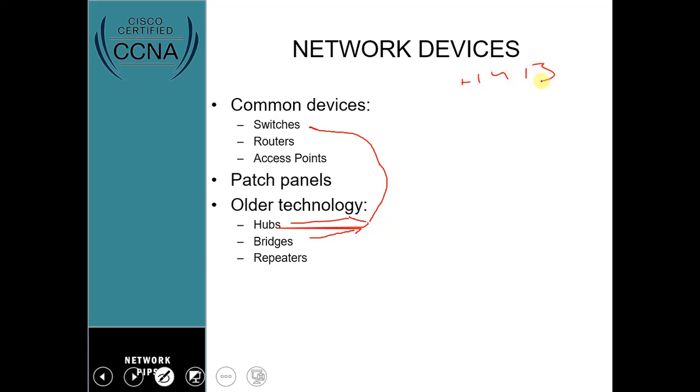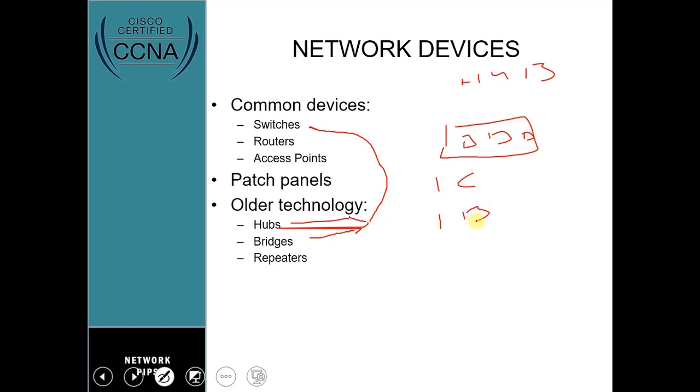A hub is a network device that has one collision domain and one broadcast domain. So what do I mean by a collision domain?